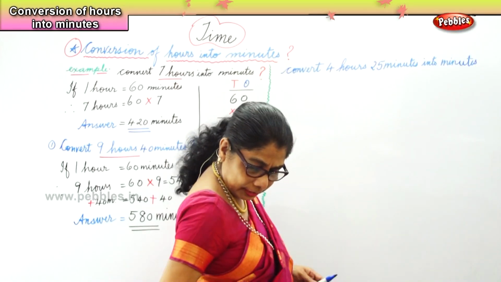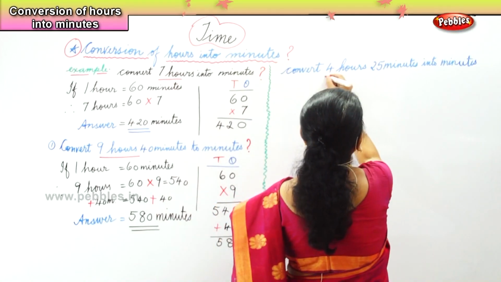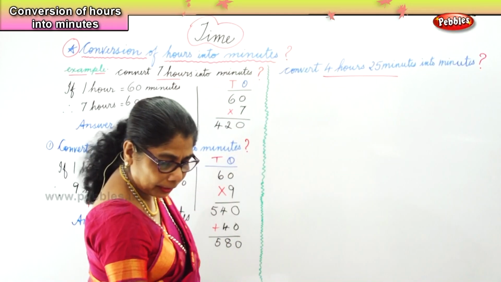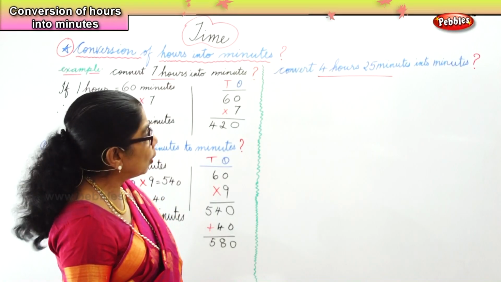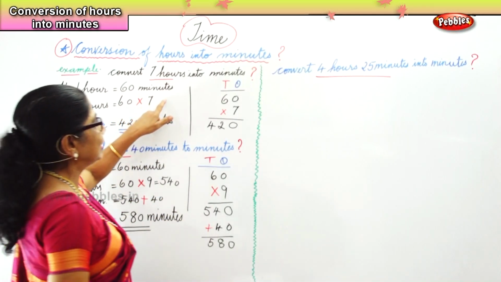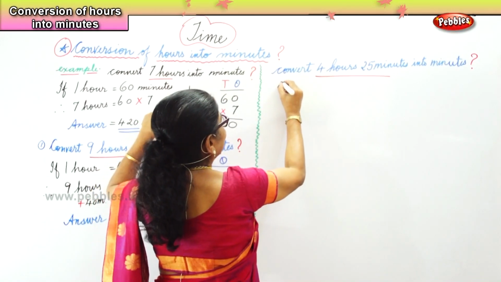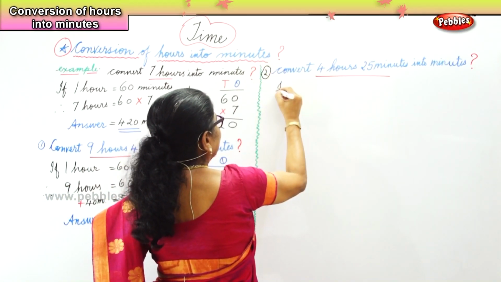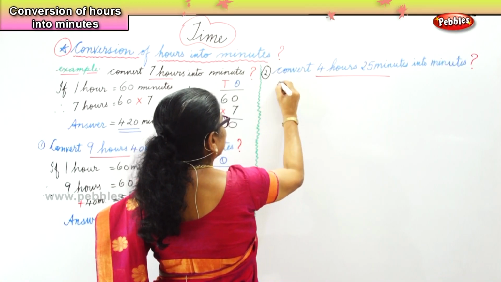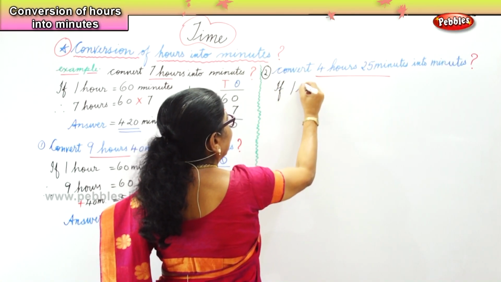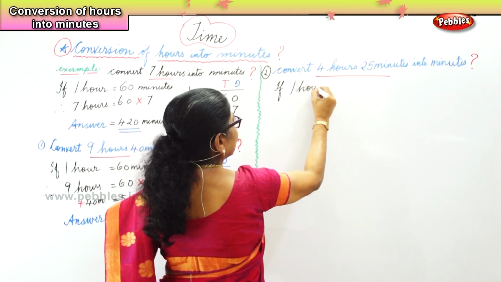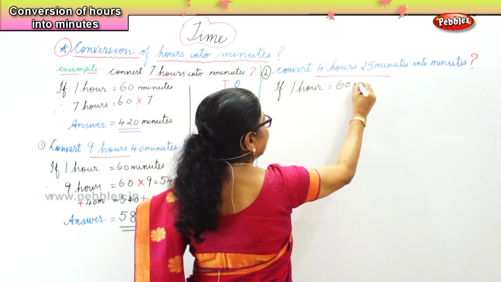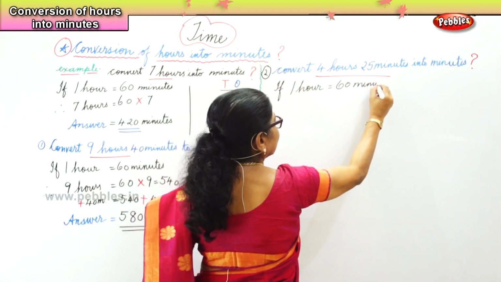We are going to convert 4 hours, 25 minutes into minutes. Okay, now what do we begin with? If 1 hour equal to 60 minutes, that is the second sum we are doing, if 1 hour is equal to 60 minutes.